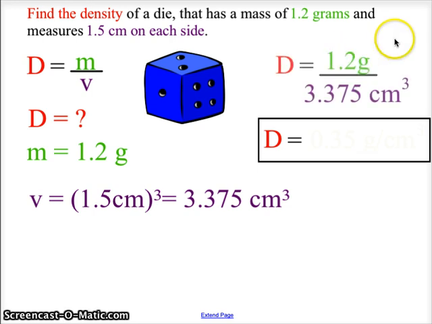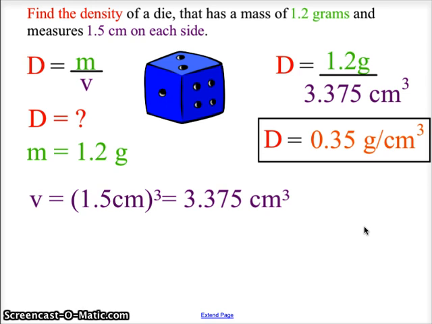So we are simply going to place that into the formula for density, 1.2 grams over 3.375 centimeters cubed, and that calculation comes out to be 0.35 grams per centimeter cubed. Now, why did I round to 2 decimals?